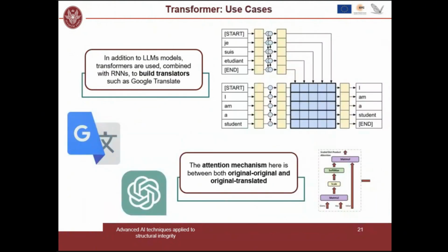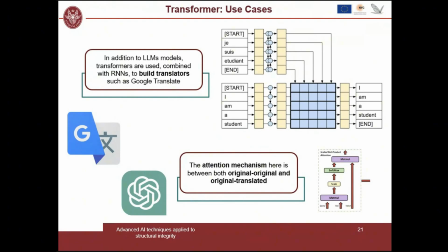So as for transformers, aside from the large language models, you find the most famous application of those models in translators. Google Translate and DeepL are just transformers, or in this case, encoder-decoder, but they use essentially the same logic.